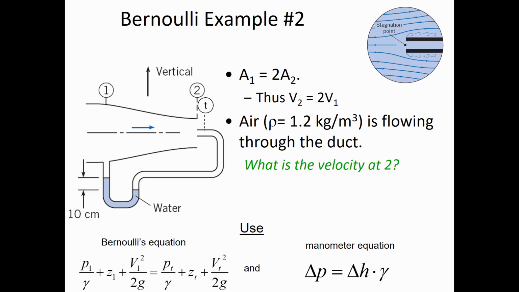So 2 times the change in pressure, which was measured with the manometer, 981 newtons per meter squared, divided by the density. And what we're talking about here is the density of the gas, because we're applying Bernoulli's equation inside the nozzle, and inside the nozzle is where the gas is.